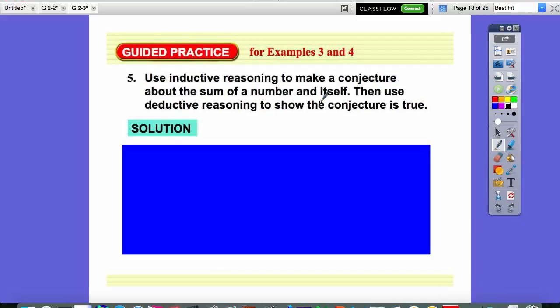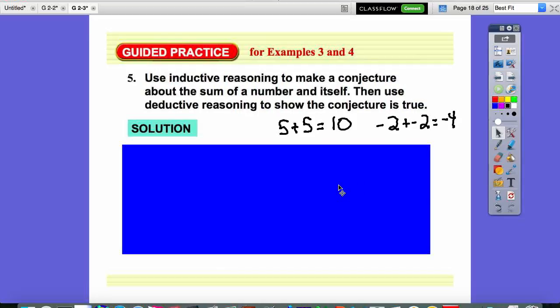Use inductive reasoning to make a conjecture about the sum of a number and itself. So 5 plus 5 equals 10, or -2 plus -2 equals -4.